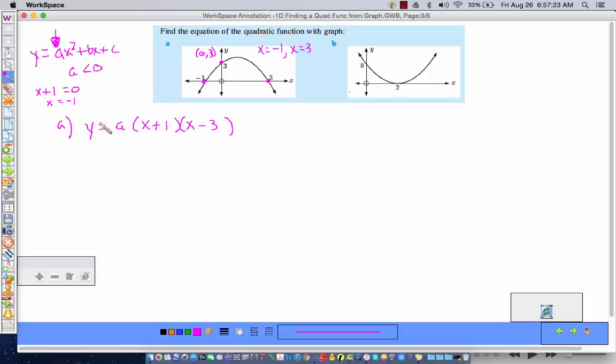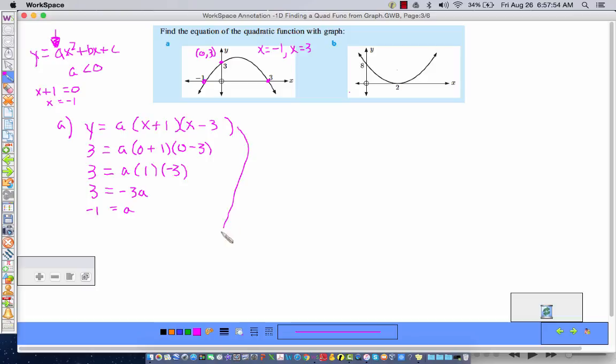So I'm just going to replace y with 3, and I get a times, and I replace x with 0: 0 plus 1 times 0 minus 3. You don't have to do this every time. I'm just showing the steps here. Because you know that 0 plus 1 is 1, so 3 equals a times 1 times -3. 3 equals -3a. A is equal to -1.